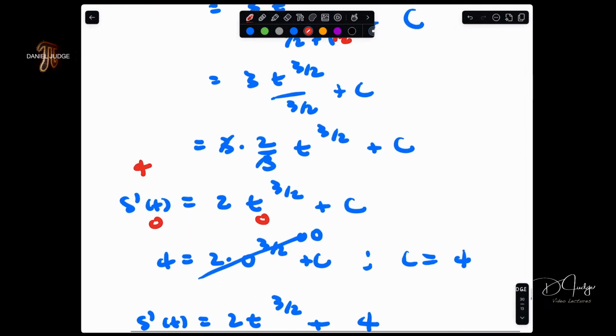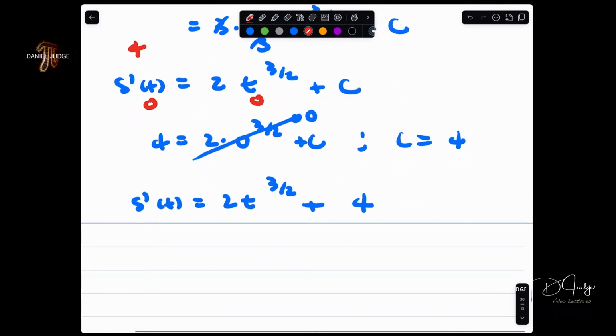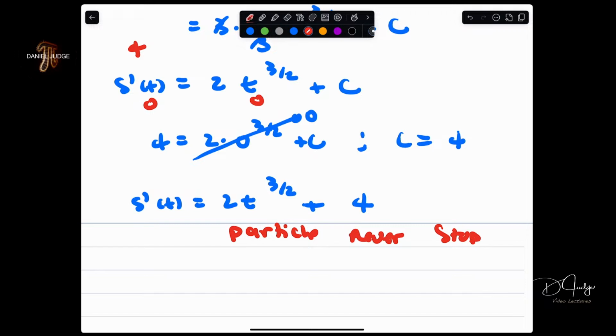Now, when I'm looking at this velocity function, where is velocity zero? It's never zero. This particle never stops, by the way, and it never changes direction.